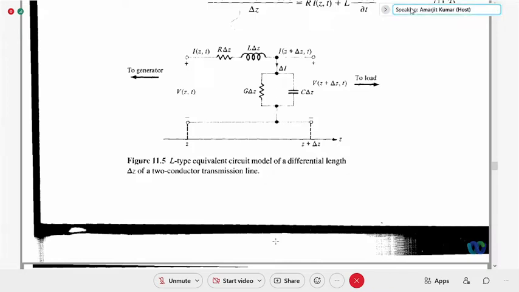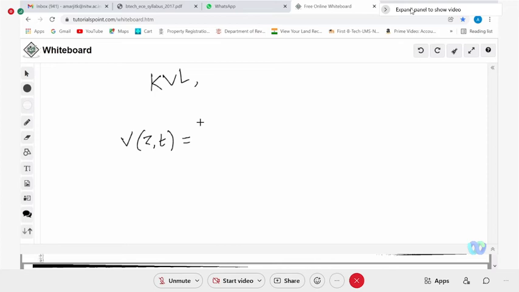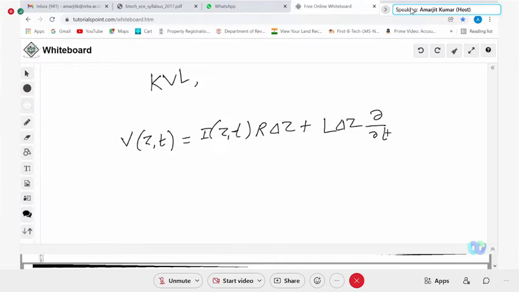So what will be V(Z,T)? V(Z,T) will be equal to I(Z,T) into R delta Z plus L delta Z del I by del T, plus V(Z plus delta Z, T).